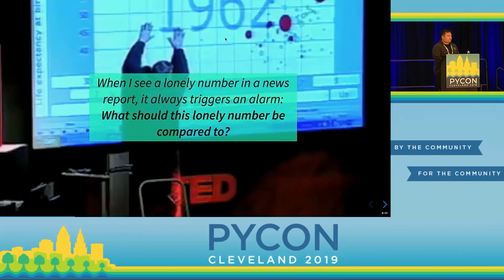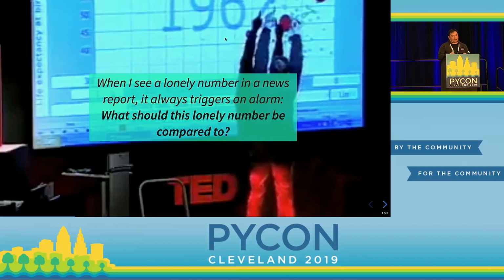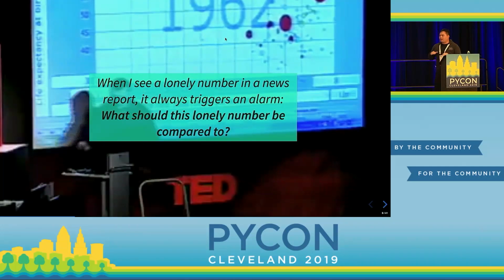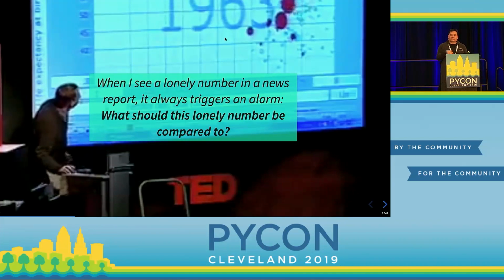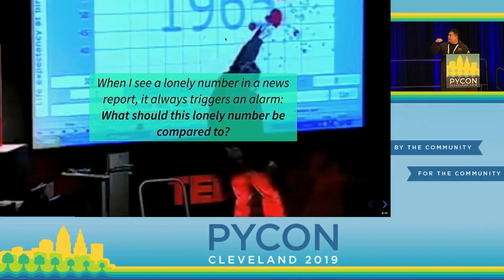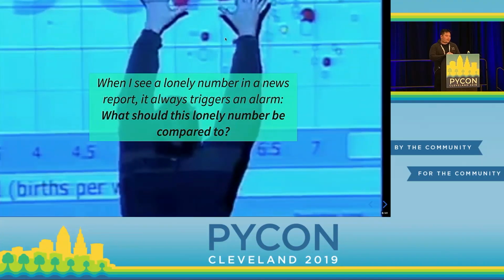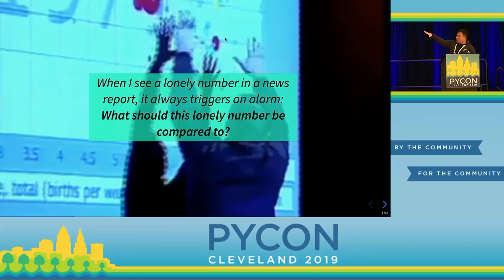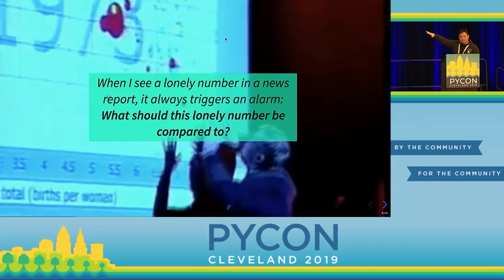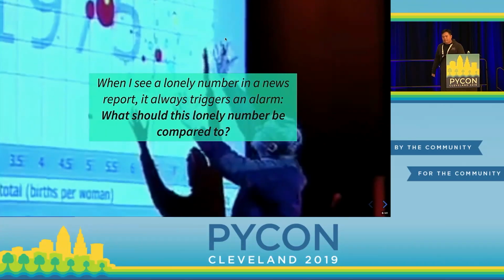All right, so comparison. Comparison is the basis of how we do science. This video here shows the late Hans Rosling, a statistician who's great at storytelling. And in one of his books, he wrote this quote: "When I see a lonely number in a news report, it always triggers an alarm.